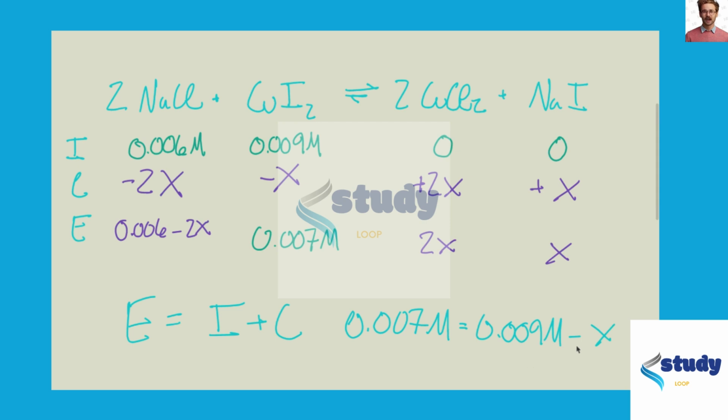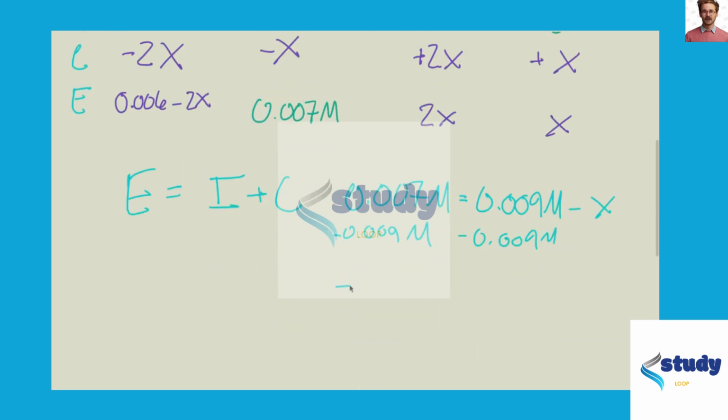If we do a little bit of algebra, subtracting 0.009 molar from both sides, we get negative 0.002 molar equals negative x, or 0.002 molar equals x. So now we know that x is equal to 0.002 molar, which means we can find what these equilibrium values actually are.